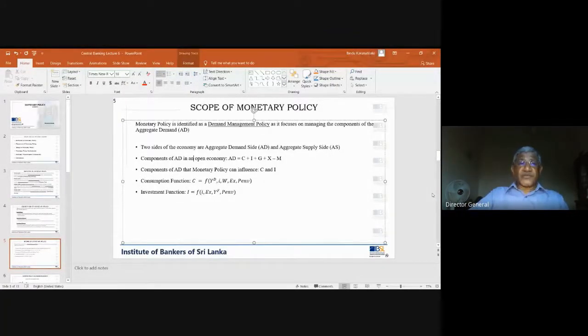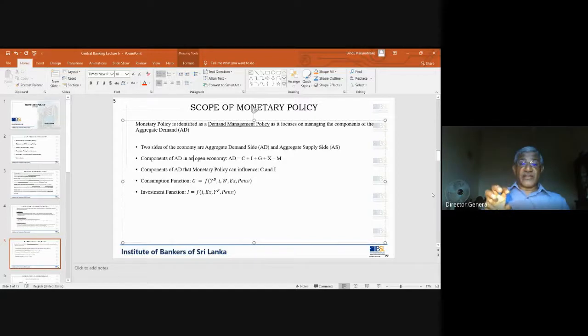Exports mostly depend on foreigners' income, exchange rate, foreign prices. Central bank cannot influence them directly. Imports also depend on the exchange rate, prices, and all those things. Of course, to some extent, central bank can influence, but not directly.